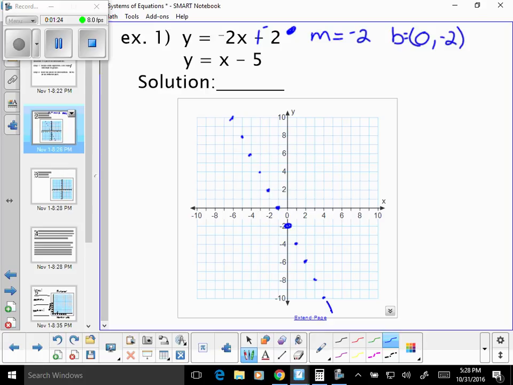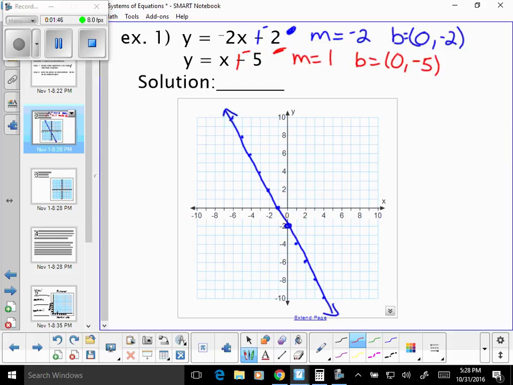Then I can use a ruler or carefully draw in the line. I'm going to use red for the next one. Again, subtraction means to add the opposite. So my slope is going to be 1. My intercept is going to be 0, -5. So I go to my graph. 0, -5 is down here.